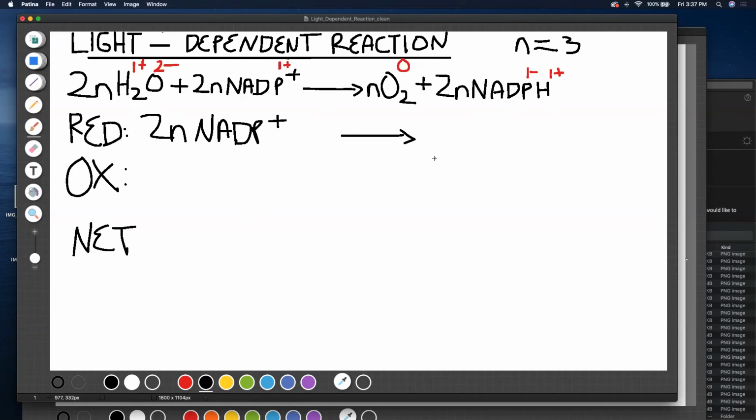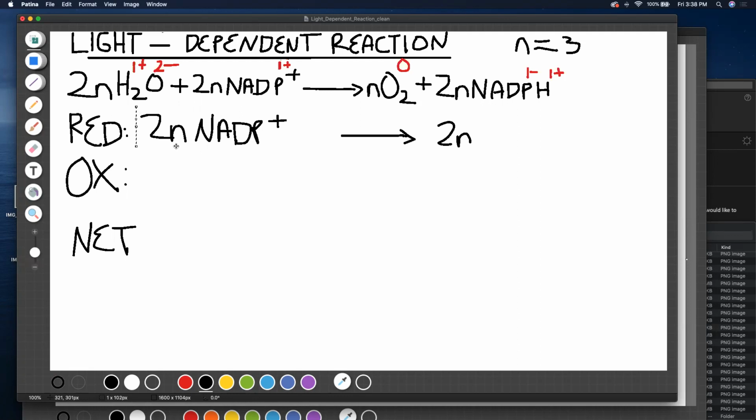And if you think about what's happening during photosynthesis, NADP plus is being reduced by the ferredoxin NADP plus reductase enzyme. So that makes sense, at least biologically. Actually, let me put in the numbers.